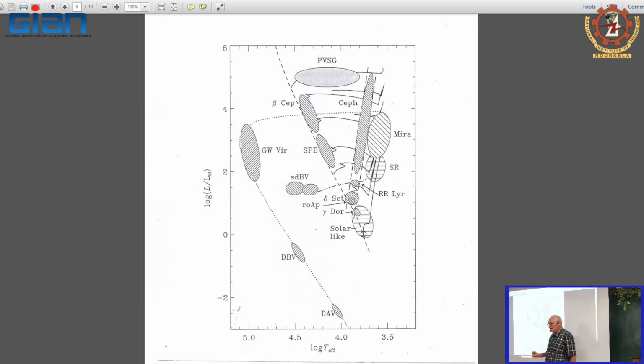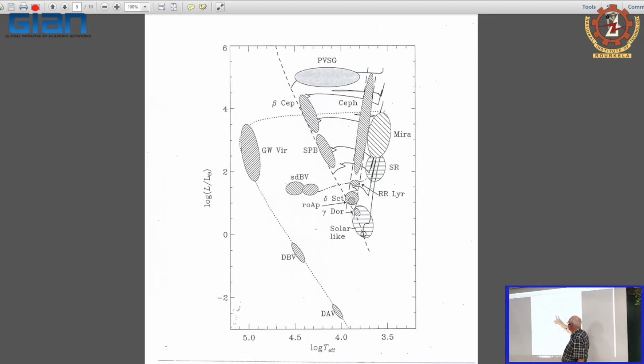Then at higher effective temperature, you have the beta Cepheid stars. They are excited by the heavy element opacity bump, by the positive kappa_T related to that maximum of the opacity, and the slowly pulsating B stars belong to that group. Also, there are some stars which suffer from the kappa instability due to heavy elements.